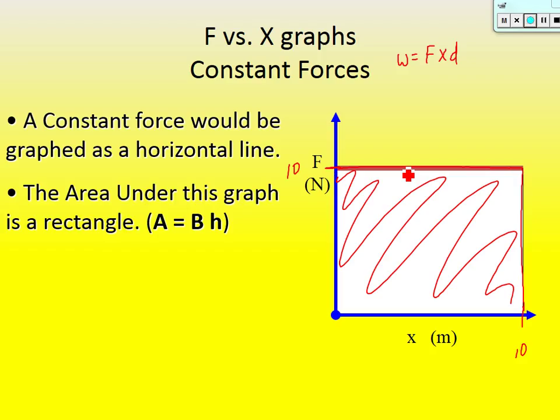An area of a rectangle is length times width, so the length would be 10, and the width is 10, so 10 times 10 is equal to 100. So that would be the answer. So hopefully we could do that if I gave you a graph like that. It's just the area under the curve of a force versus position graph.